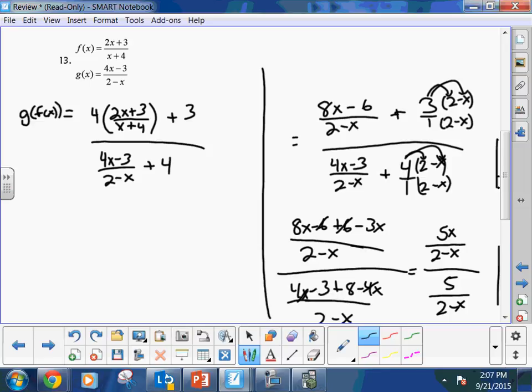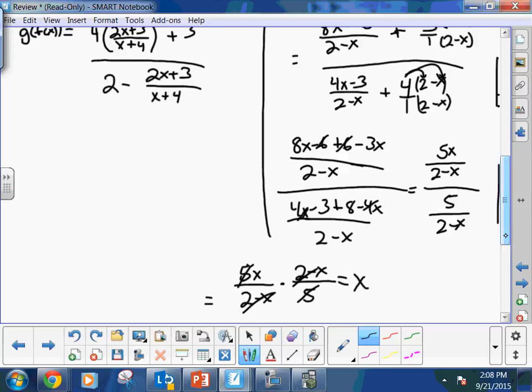I did the top part, the bottom part did not. I looked at we're going to be now putting this in there. So we'll have 2 minus 2x plus 3 all over x plus 4. So let's go ahead and continue our solving process.